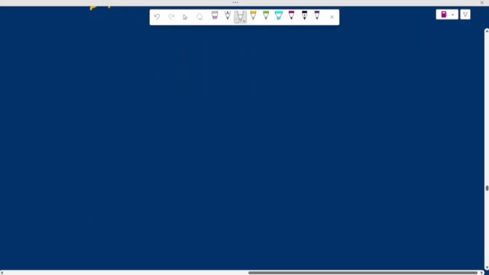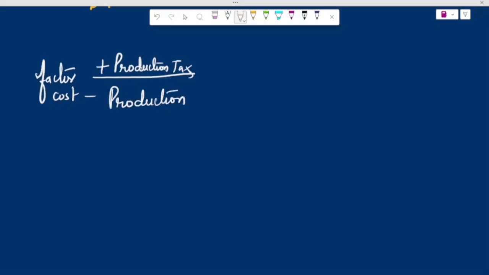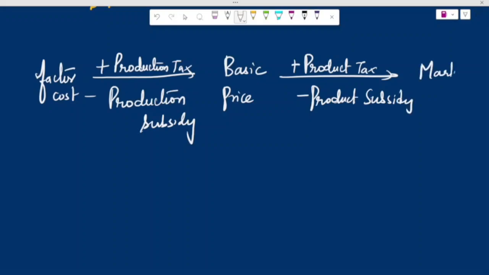So I told that factor cost plus production tax minus production subsidy will be equal to basic price plus product tax minus product subsidy equal to market price. Yes.